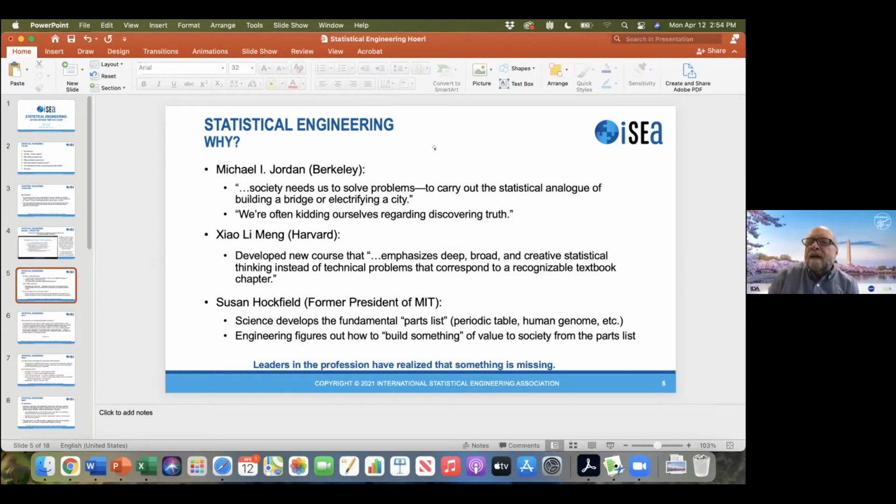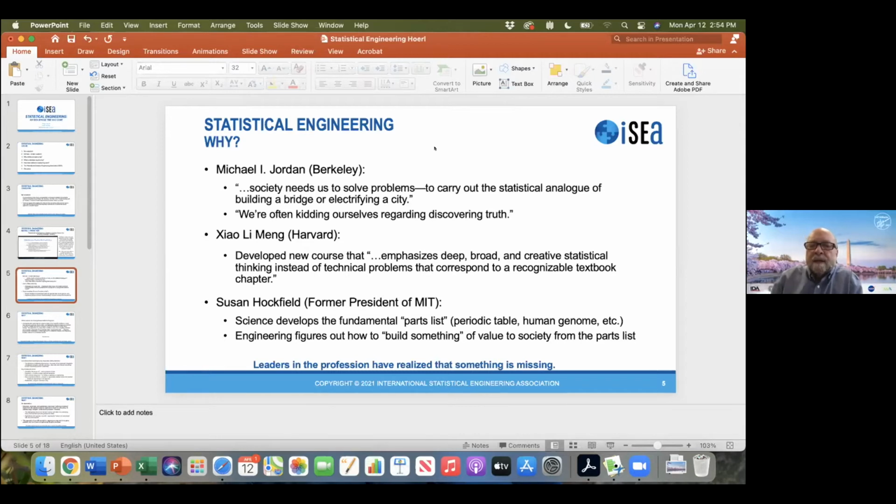Xiao-Li Meng, who was a dean at Harvard and is now editor of the Harvard Data Science Journal, developed a new course at Harvard that went along these same lines. This is a direct quote from him: it emphasizes deep, broad, and creative statistical thinking instead of technical problems that correspond to a recognizable textbook chapter. That is, it's not focused on the tool that we're studying right now, but it's a bigger problem that requires several tools to be integrated in order to solve it.